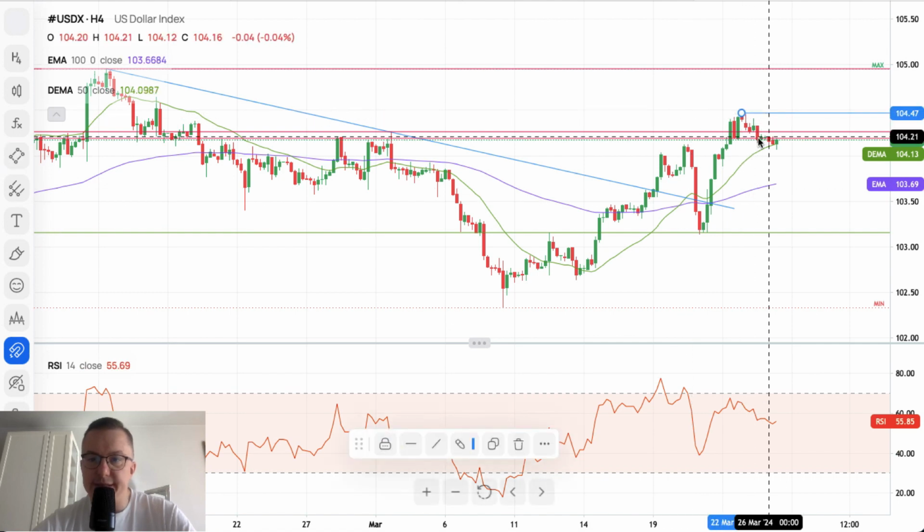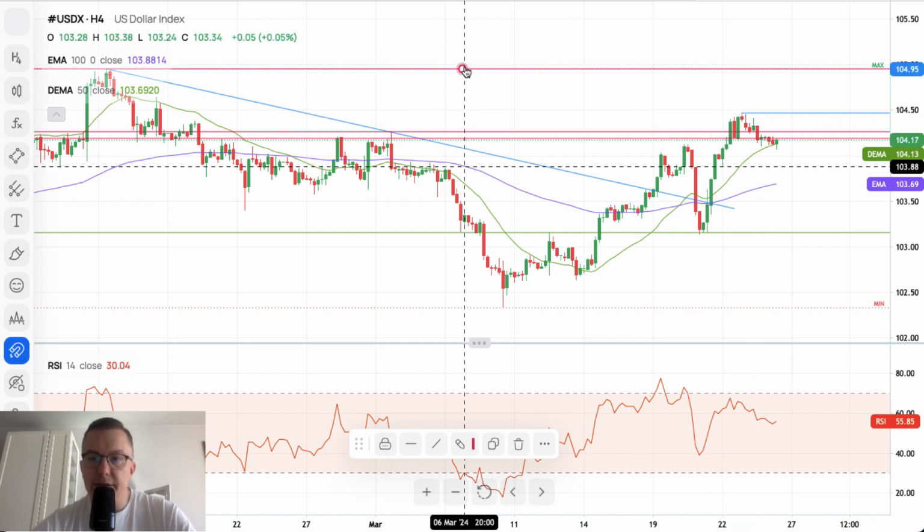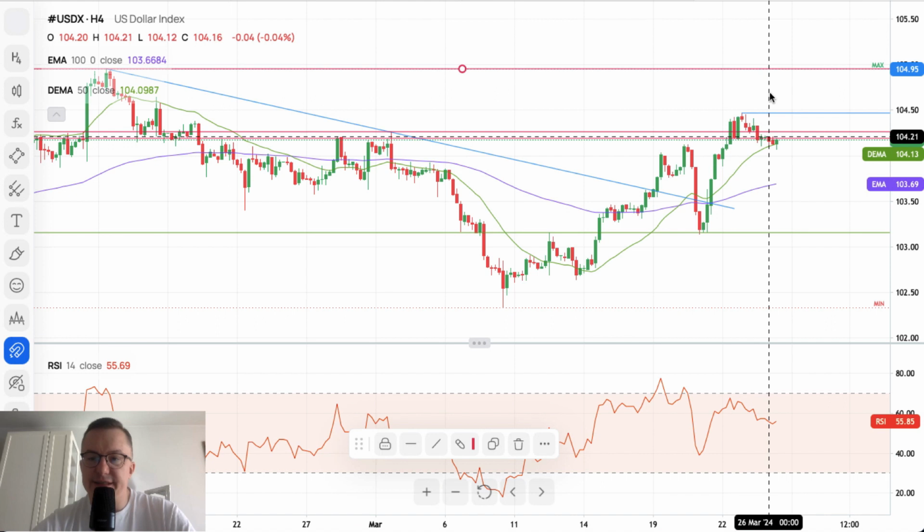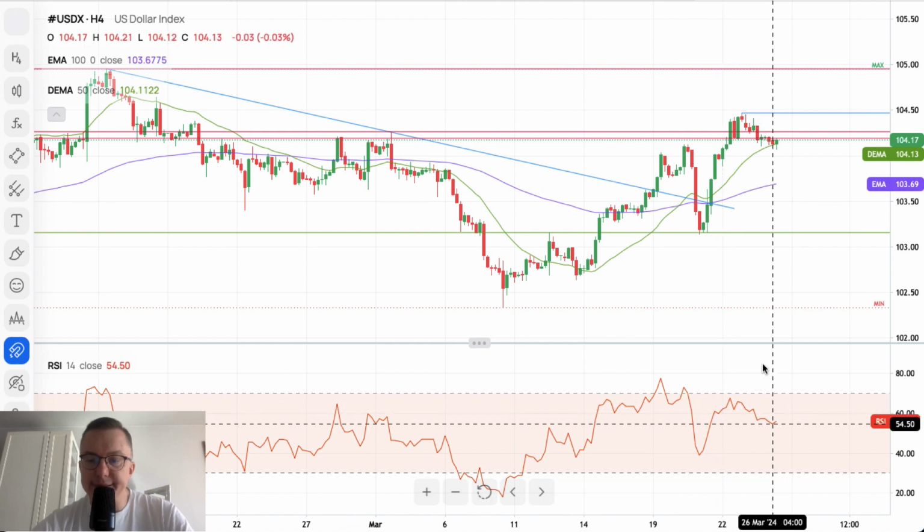We got a little bit like a 40 pip correction. Nevertheless, the next target at 104.95 is still possible for the bulls. Momentum is quite nice, 54 points, strong, positive.